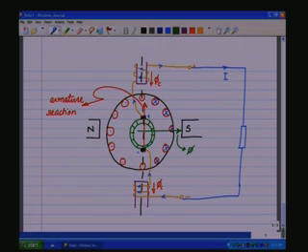And then there is a third flux due to these small poles that we have added, and we have passed the load current carrying armature current through those small poles, such that there is a phi C which is in a direction which opposes the armature reaction.